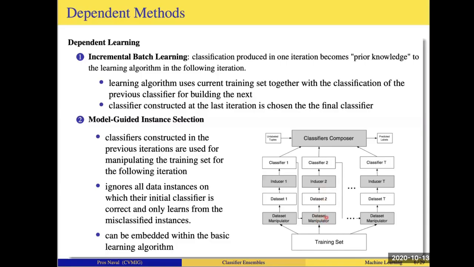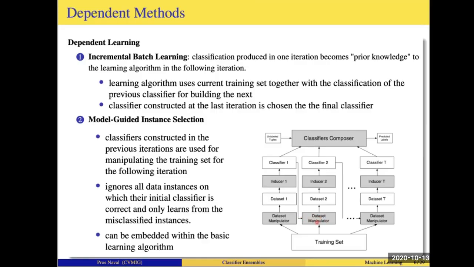So the dataset manipulator needs to take in some inputs from the results of the first classifier. It has to actually see what were the data points that were not correctly classified by classifier 1. What were the data points that were correctly classified by classifier 1? Those would be your inputs to your dataset manipulator, this one here.